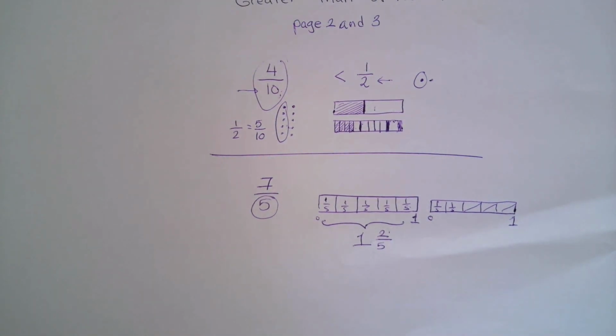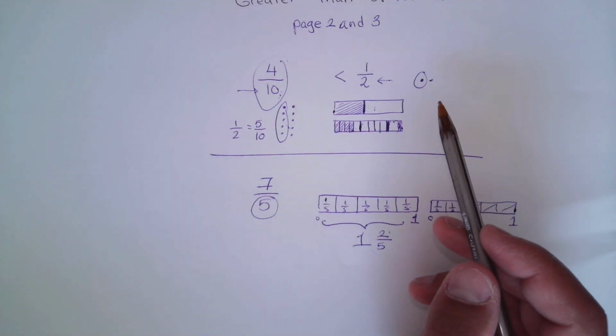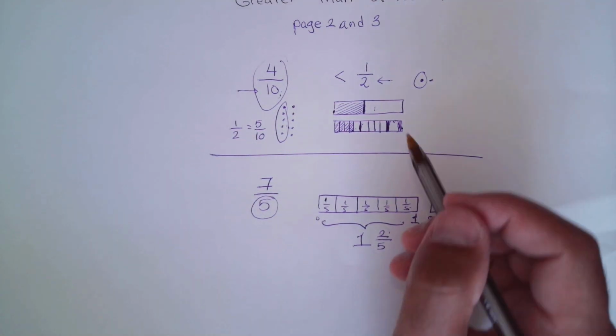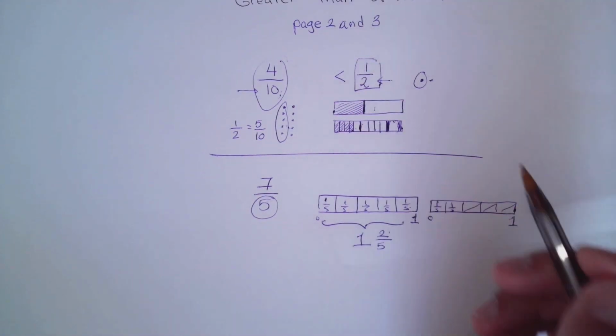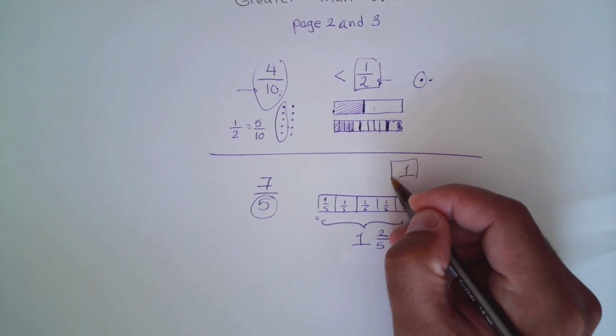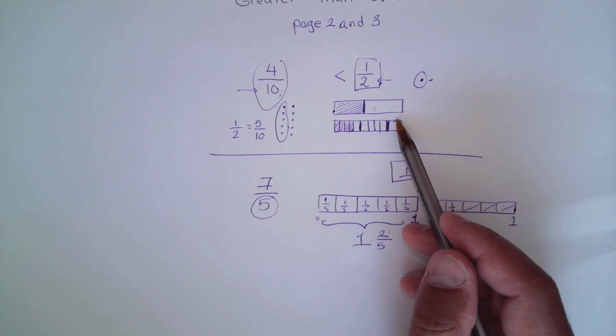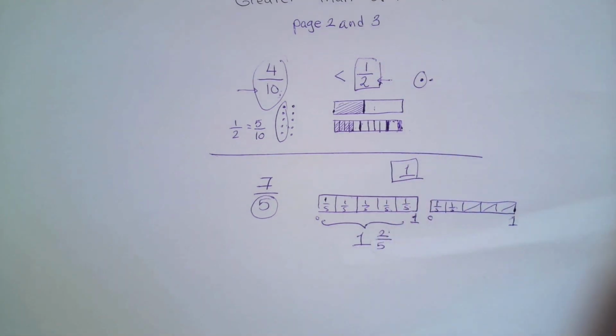Okay, so on pages 2 and 3, you are comparing fractions. And we learned to compare fractions using the benchmark half and the benchmark 1. We also learned to compare them by drawing a model.